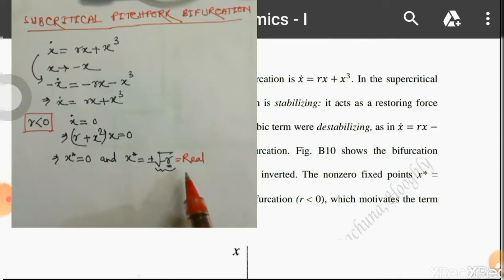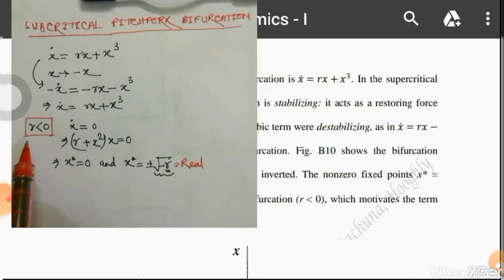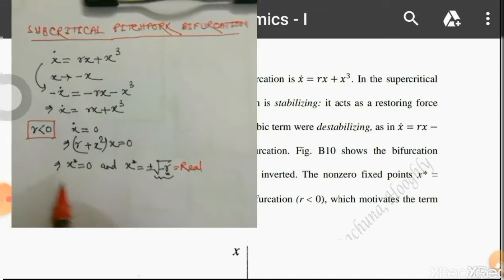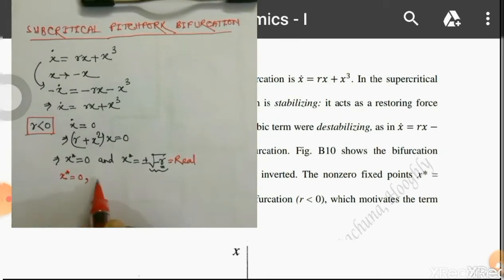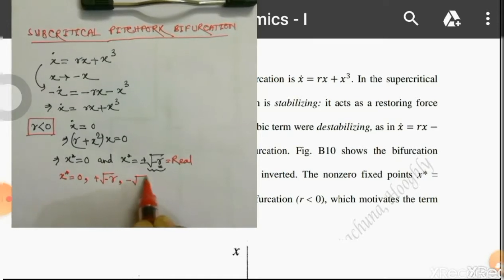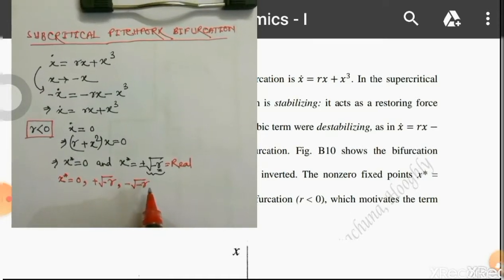But for subcritical bifurcation, it is a real number. So for r less than 0, we now have three fixed points, which are at 0, plus root of minus r, and minus root of minus r.